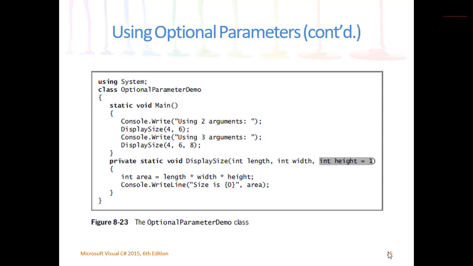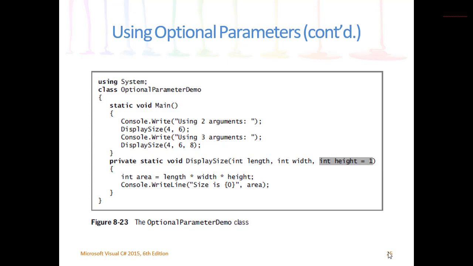Let's have a look at this example here. We have this method called display size. It has two mandatory parameters, length and width. But height, what is the difference of height as compared to the other two?